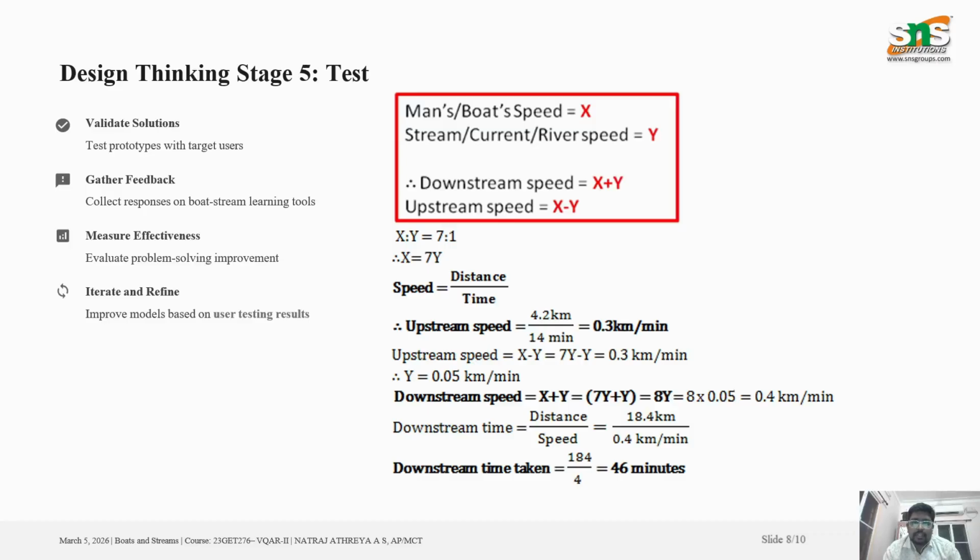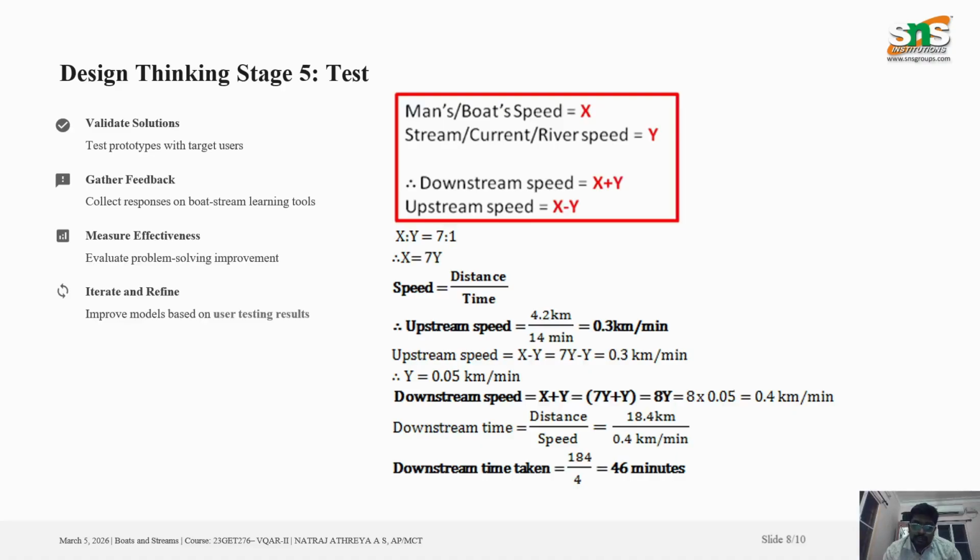Upstream speed is 4.2 kilometer by 14 minutes, which gives us 0.3 kilometer per minute, right? Upstream speed is x minus y, so that is 7y minus y, which is equal to 0.3 kilometer per minute. So we get y equal to 0.05 kilometer per minute.